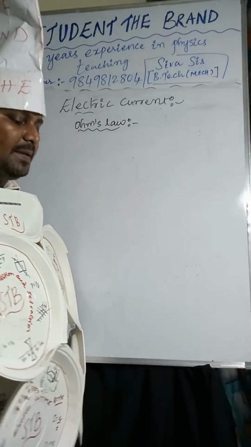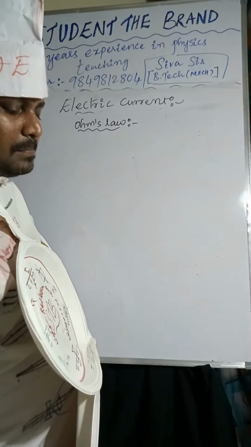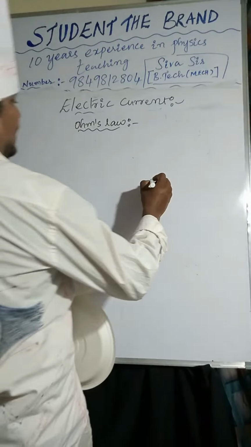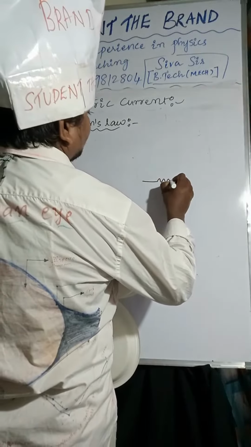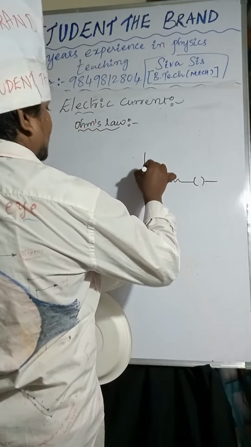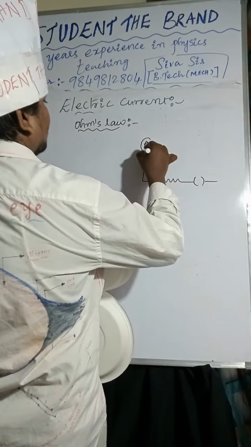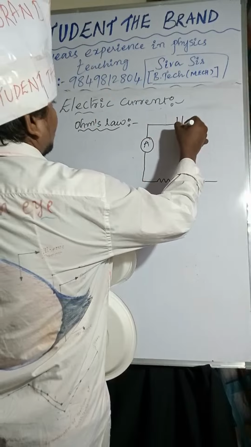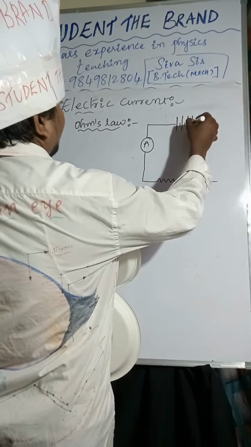So we can see. Okay, so this is the resistor, switch, this ammeter, and 4 cells, 1, 2, 3, 4.